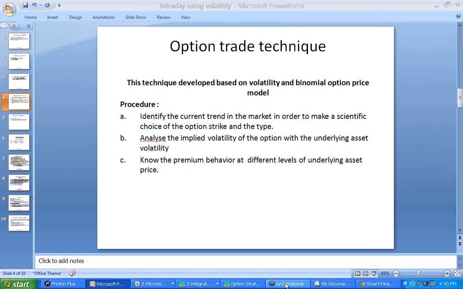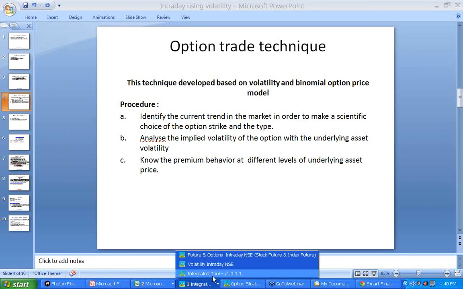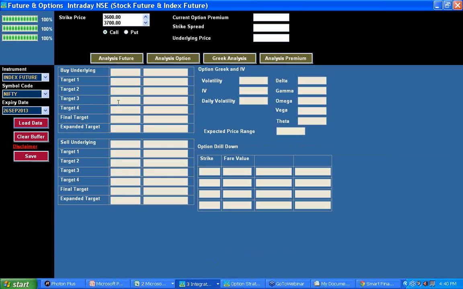So just to see what happened here, we have taken the futures. I'll analyze the future. What it says: currently the volatility is 32%. Above 6073, this will be in uptrend. Below 6021, it will be in the downtrend.